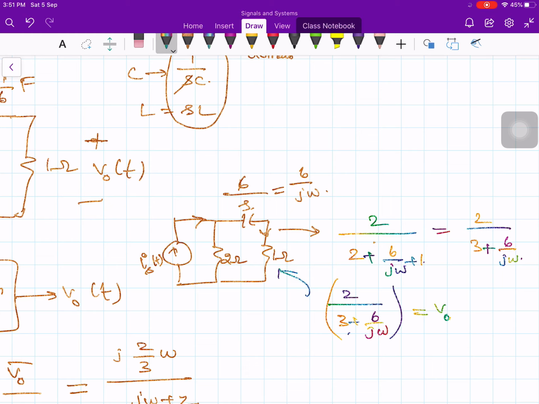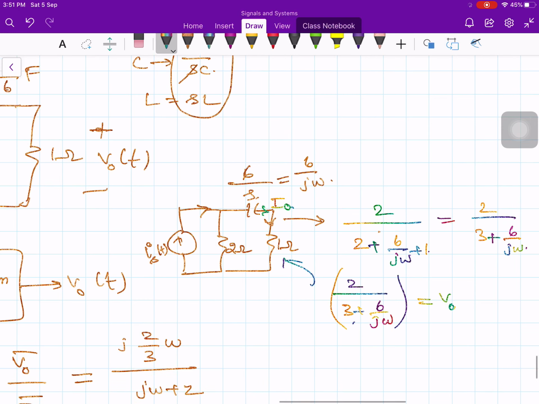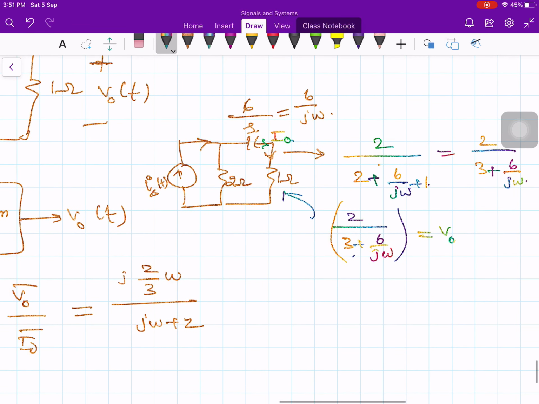So this is my V naught of t. And similarly you can find out I naught. So if you solve this whole thing, then your transfer function you will get like this: j times 2 by 3 omega divided by j plus omega by 2.